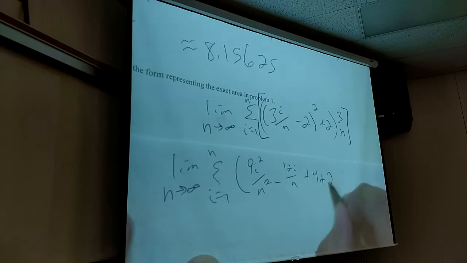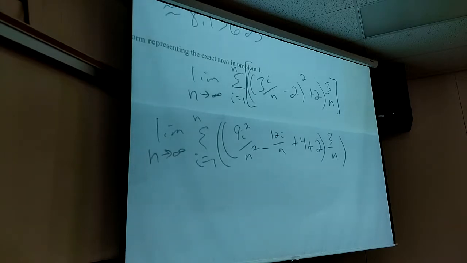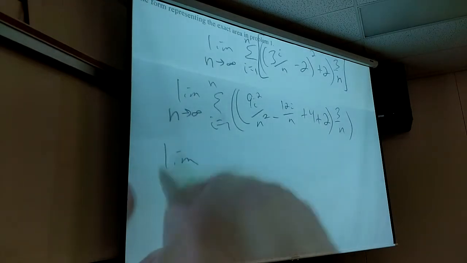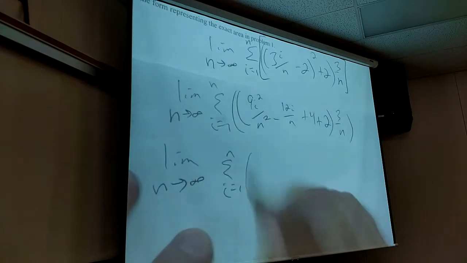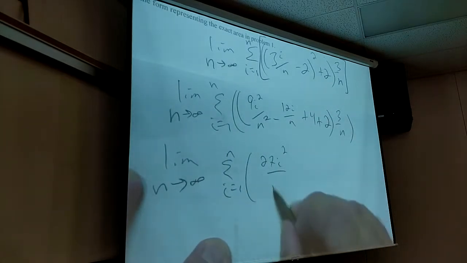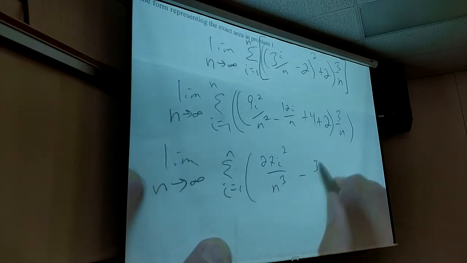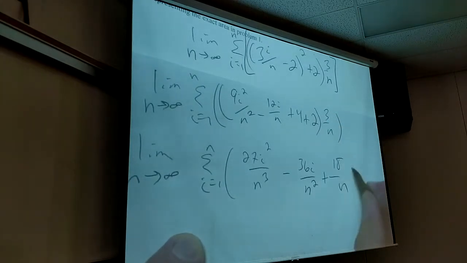Plus 4 plus 2, and all of that times 3 over n. I like it. So then you get 27i squared over n cubed minus 36i over n squared plus 6 times 3, 18 over n.